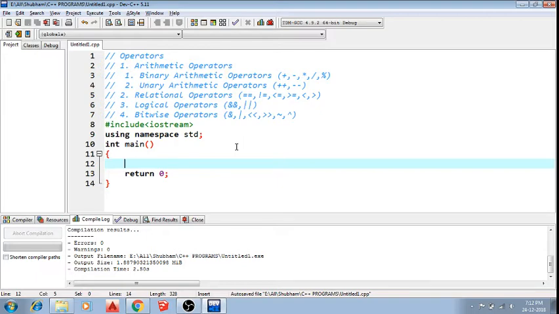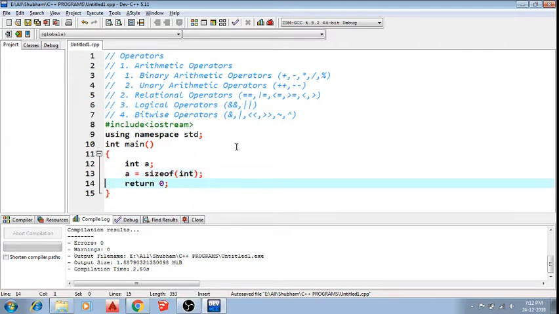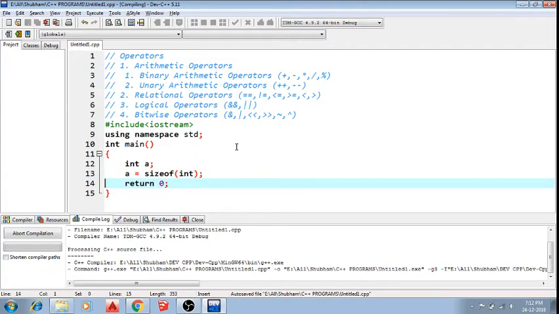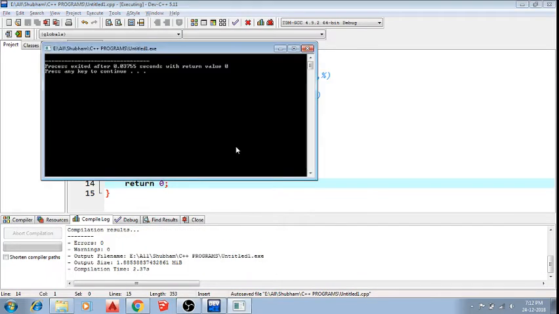Suppose, first of all, let's take integer a, and we are going to assign some values to a. a is equal to sizeof int. What is the size of an integer variable? We are going to find out first, because this is very important.